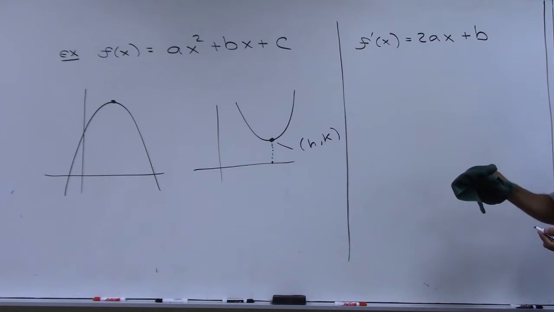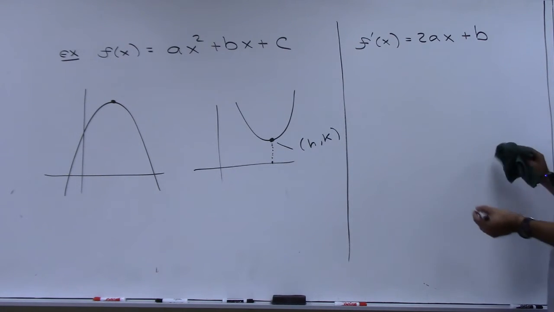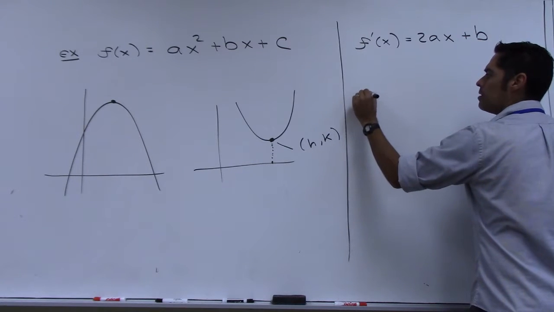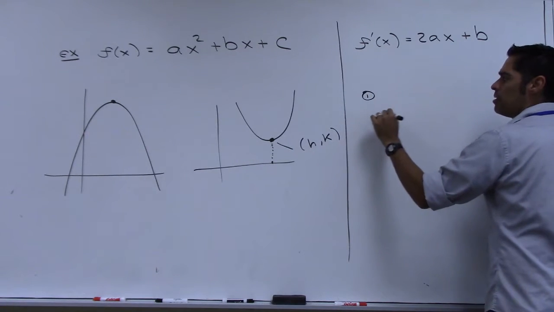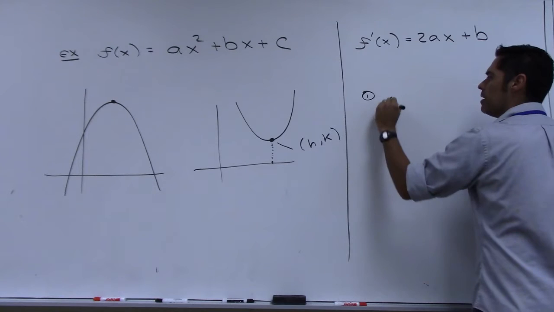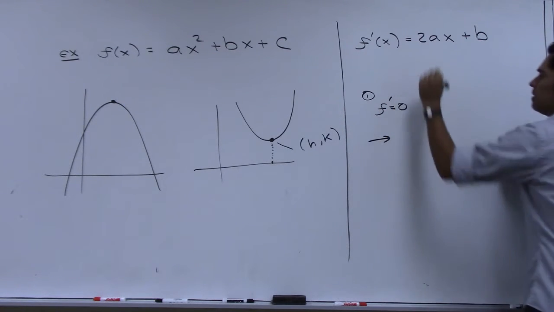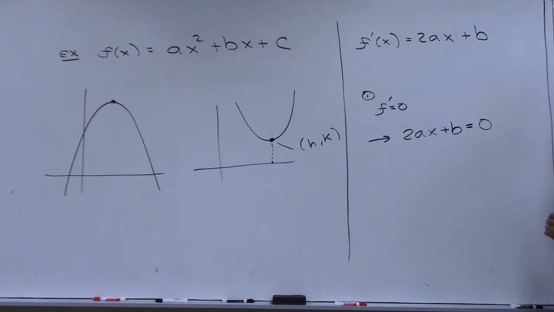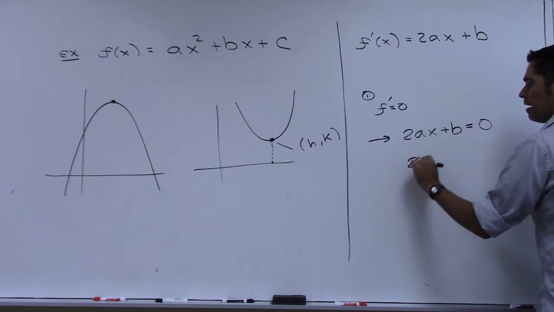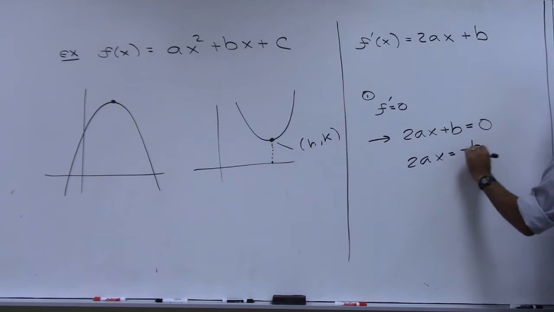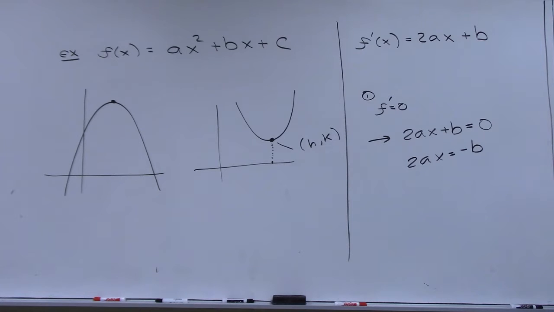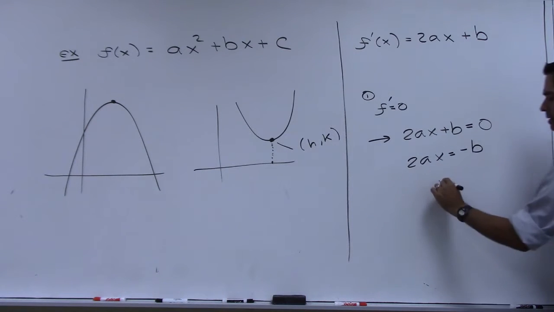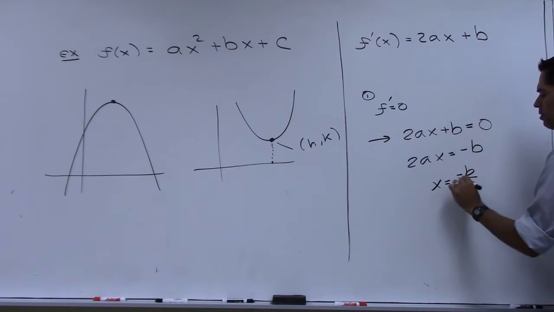Then take that derivative and, like in the critical numbers, set it equal to 0. Take 2ax plus b, set it to 0 and solve for x. Subtract b, you get 2ax equals negative b, and then to get x, you divide both sides by 2a. So you get negative b over 2a, right?